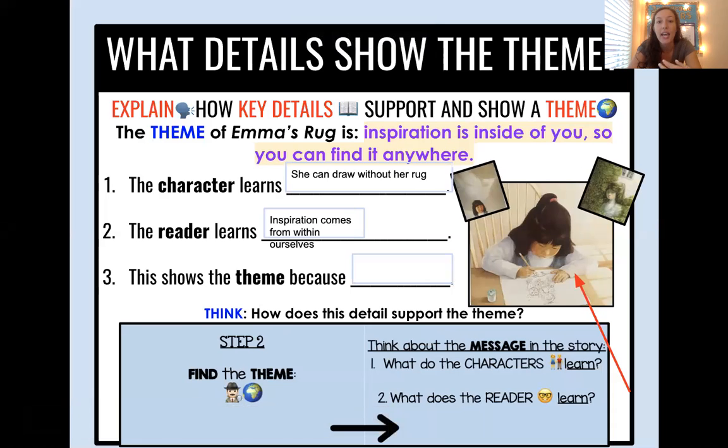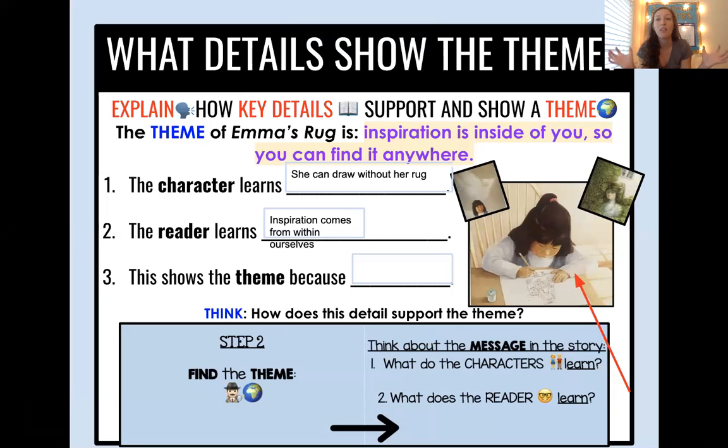The reader learns that inspiration comes from within ourselves. So how does this support the theme? The theme in purple tells us that inspiration is inside of you, so you can find it anywhere. Do what the character and the reader learn support the theme? Does it match up? Yes.